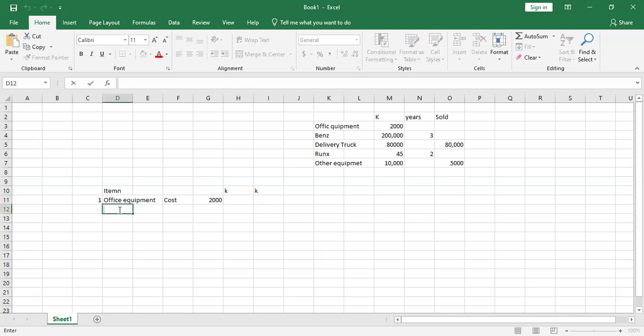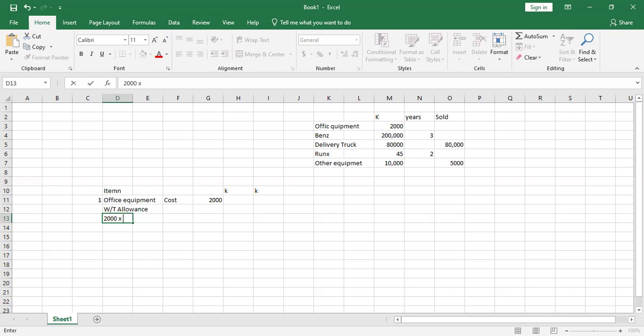So now the next thing that you need to calculate is the wear and tear allowance. The wear and tear allowance is calculated from the cost. Let me ask you this if you're following. Office equipment, what's the capital allowance rate for it? Is it not supposed to be 10%?